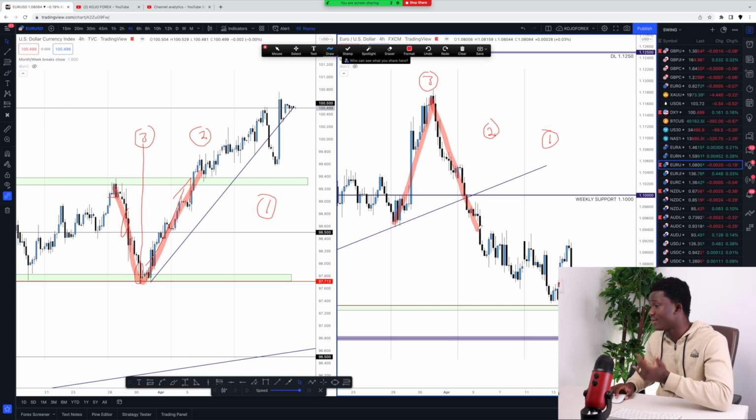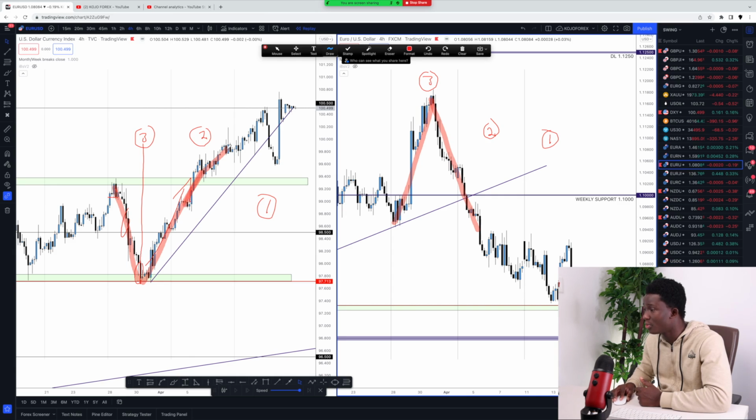You can clearly see that if we continue this within the second week, we still had the dollar index being extremely bullish, and at the same time we had Euro USD being extremely bearish, and then we had some level of choppiness happening here, also signifying the same type of currency reactions or technical reactions here. And then eventually we had a sharp push on the downside, a sharp push on the upside for dollar index. We had a push on the downside as if the market was about to break this trend line.